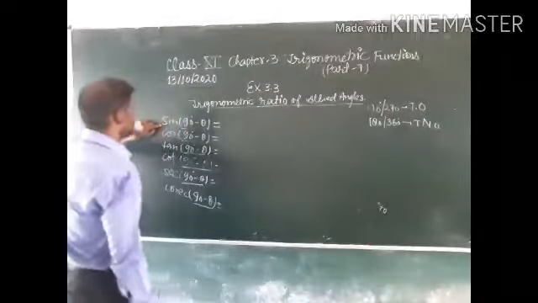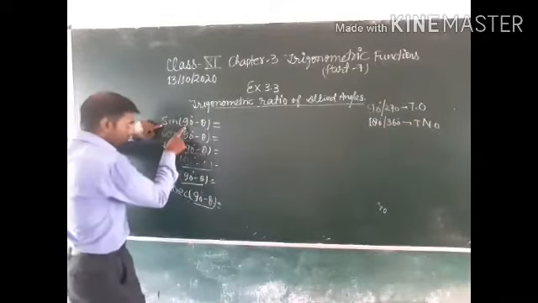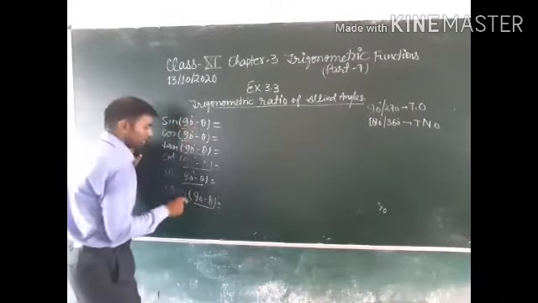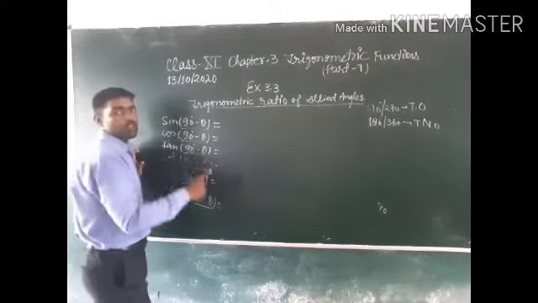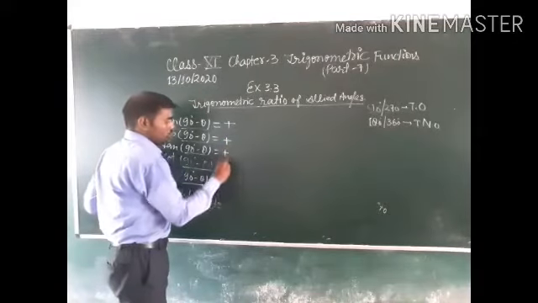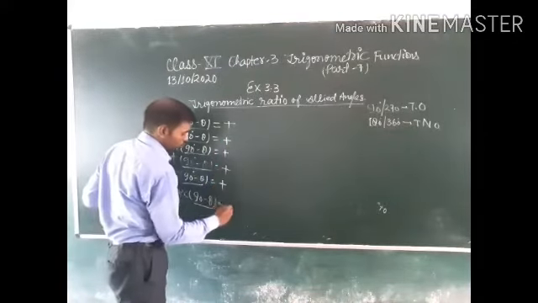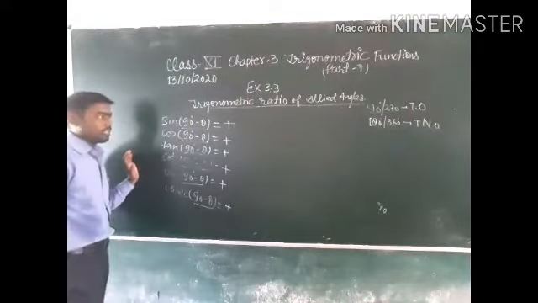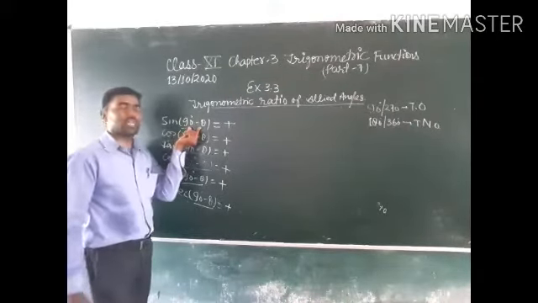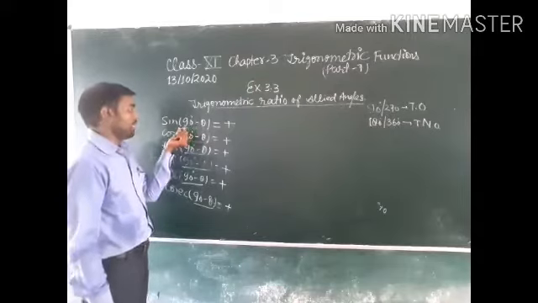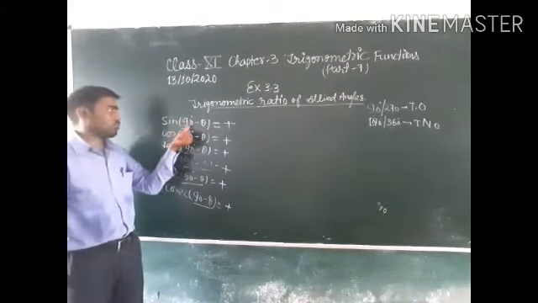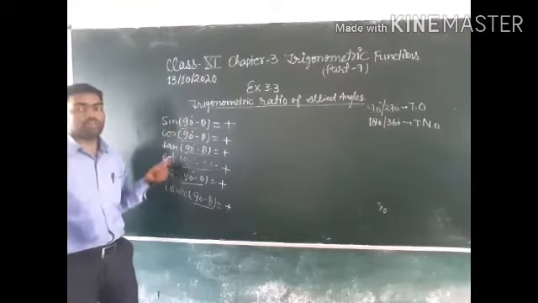First of all, we write the sign. All trigonometric ratios belong to the first quadrant, and in the first quadrant all trigonometric ratios are positive. So first write the plus sign. Sin(90 − θ): 90 minus theta belongs to the first quadrant, and since the angle is 90 degrees, transformation occurs.